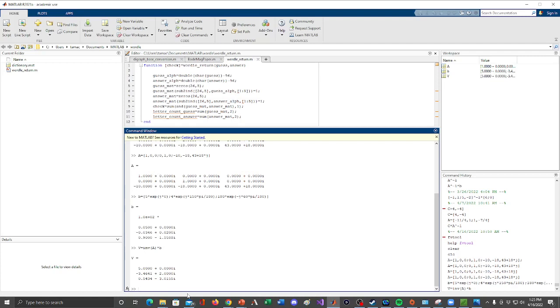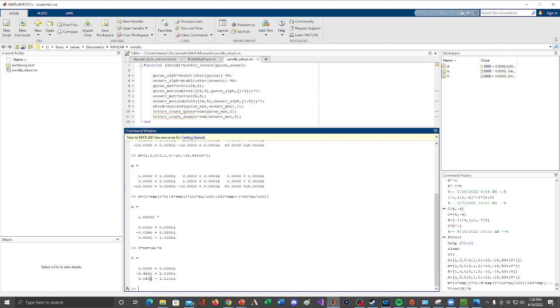And if I don't suppress it, we get an answer. Which is fine. So then we have to take this back to rectangular form.